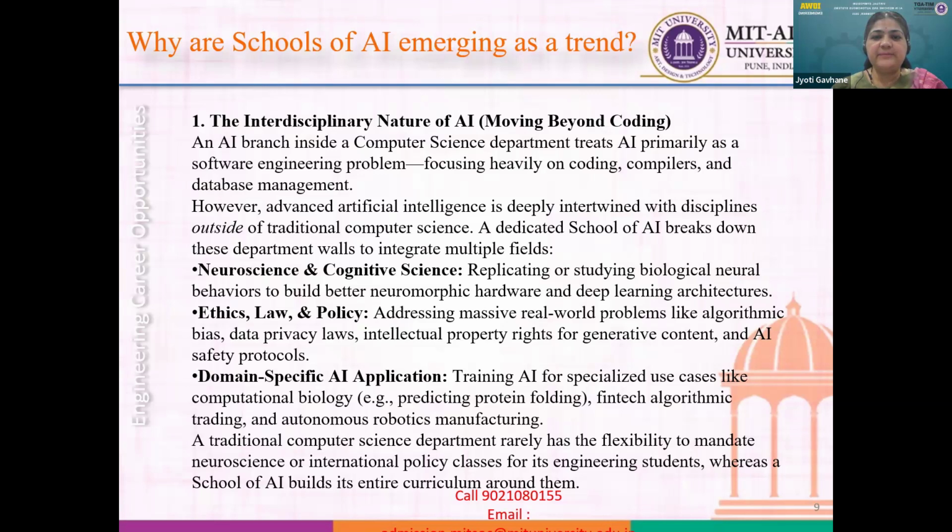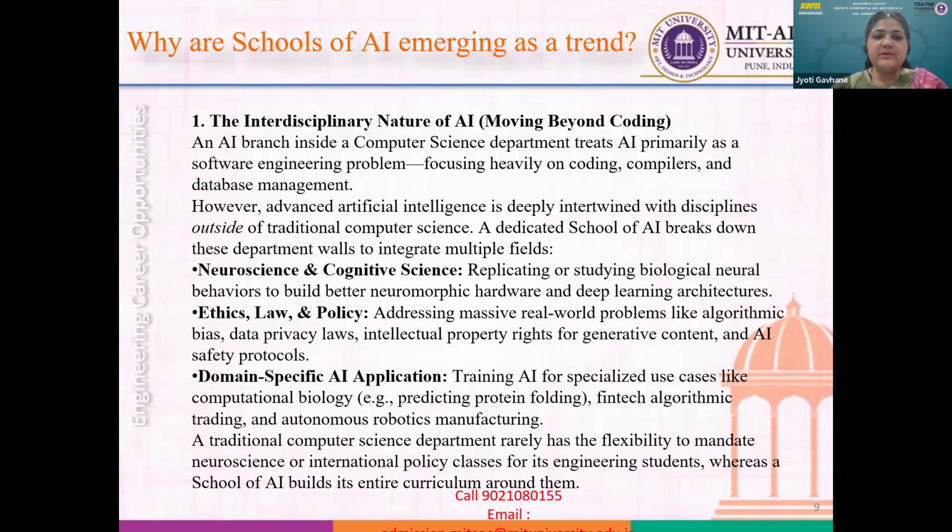interdisciplinary nature of AI; it is moving beyond coding. Previously, we expected students to be good coders. Now we expect an interdisciplinary approach to learning AI, because AI is deeply intertwined with different disciplines, and NEP 2020 is promoting the multidisciplinary approach to education.